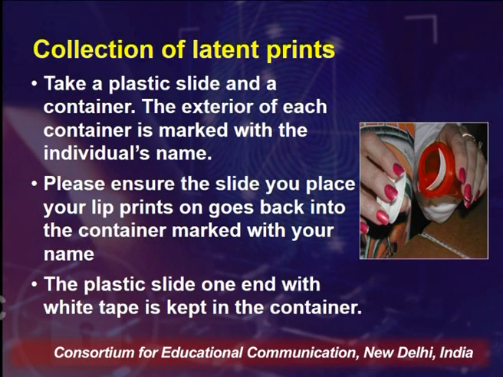So for the collection of prints from a suspect, at the crime scene, whenever we have a visible print, either we will photograph it, or we can use the taping method, like for fingerprint identification, to tape up the print and paste it on a white paper. But for taking the prints from a suspect, we have to take a plastic slide and a container.